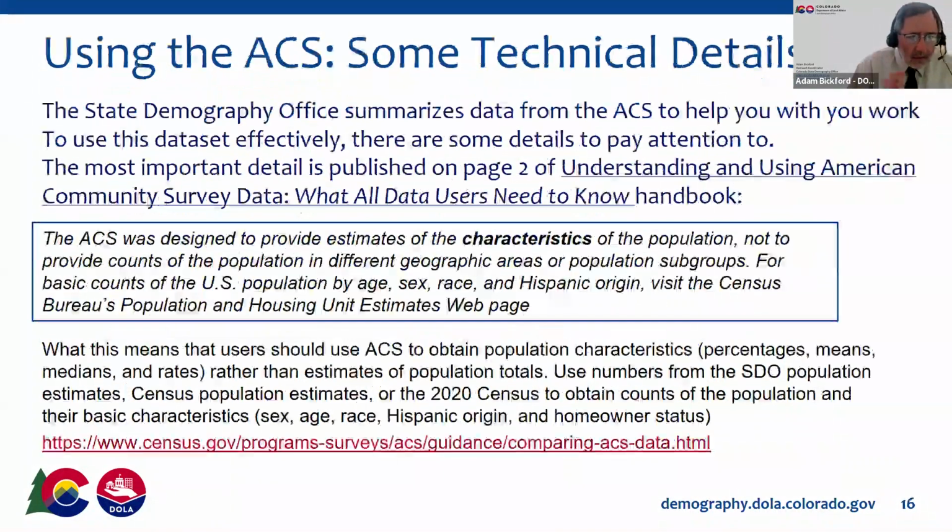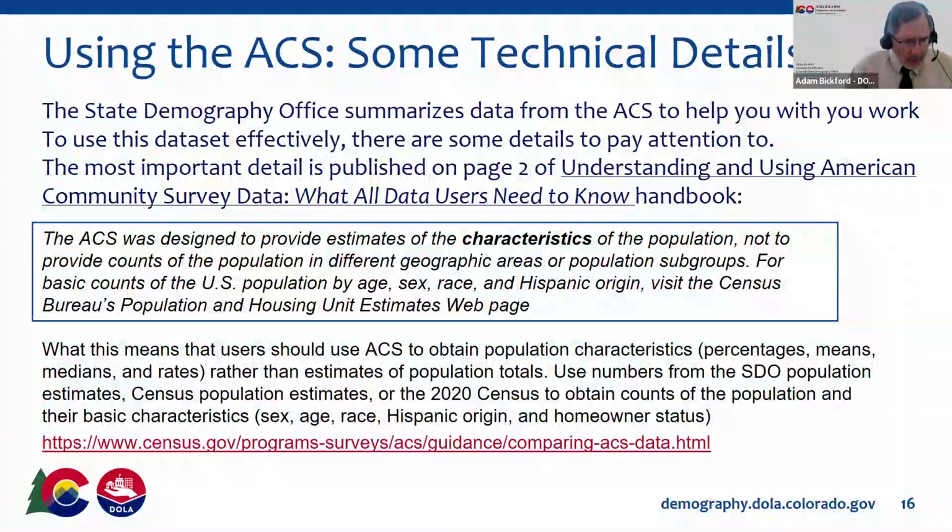So I want to really hone in on a very important detail about the American Community Survey. It is designed to provide estimates of the characteristics of the population, not to provide the counts of the population in different areas. What it means is that you should use the ACS to understand percentages and means and rates rather than population counts.